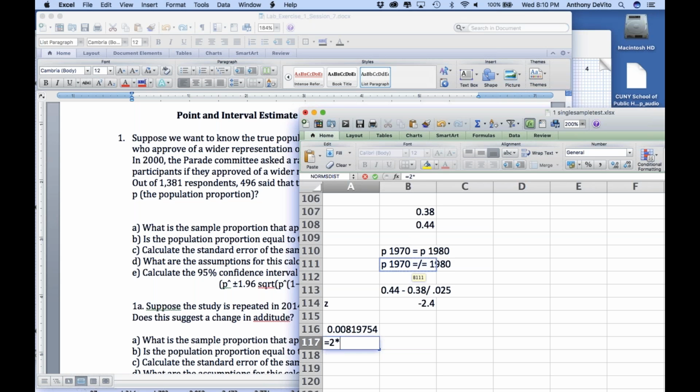I know I'm confusing you a little bit when I say that, but hang in there. So the probability of being wrong if I reject the null hypothesis, my significance or p-value, is 0.016, which is less than 5%. So because my z-score exceeds z-critical, and because my p-value is less than 0.05, I can reject the null hypothesis.